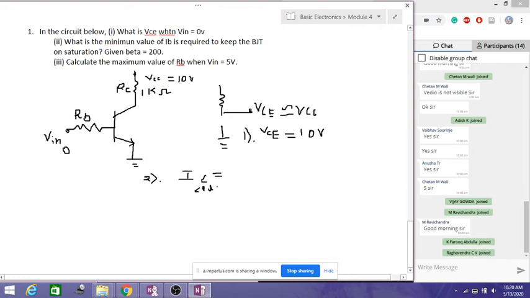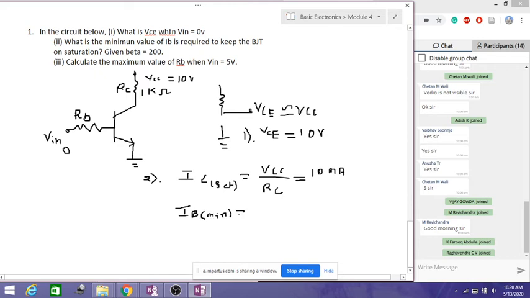So now it is in the saturation region. When it is in saturation region, we have seen the equation is just VCC by RC. So use this equation VCC by RC here. So this will give the 10 milliamperes.